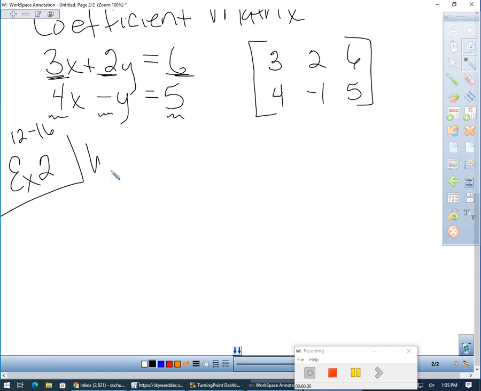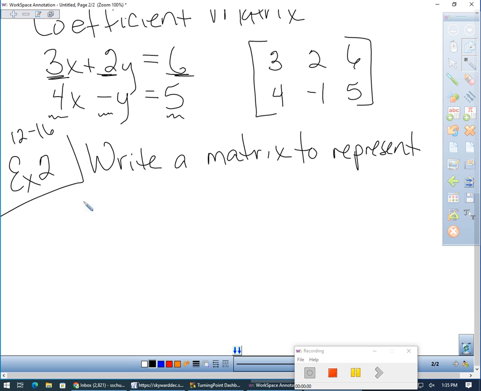It says, write a matrix to represent the system.